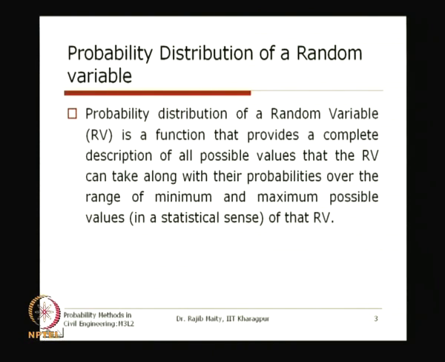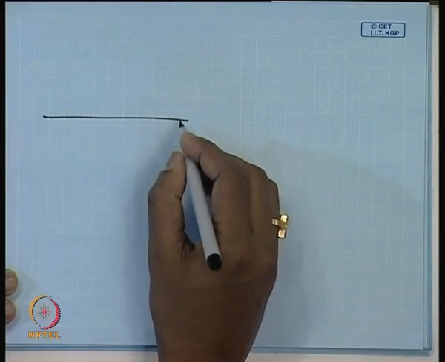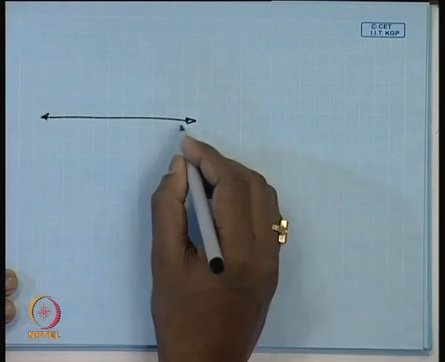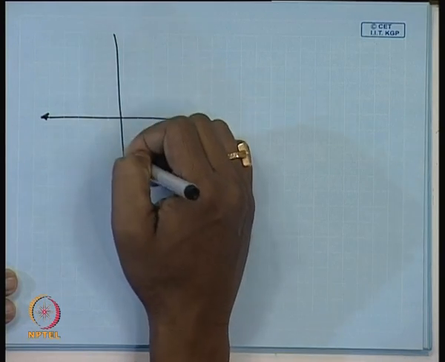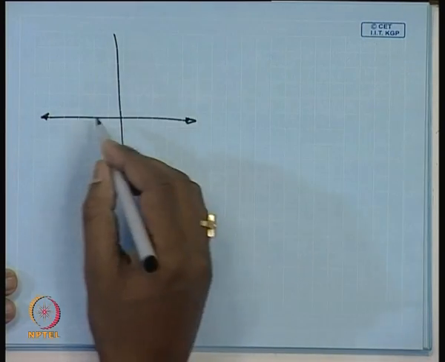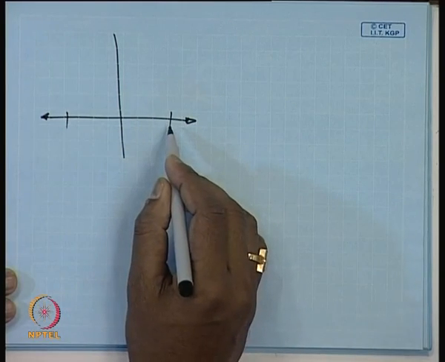So it can take some numbers, and that is generally having a certain range. Suppose this is the axis for this random variable, and this side is the probability, and this is the range of the random variable.